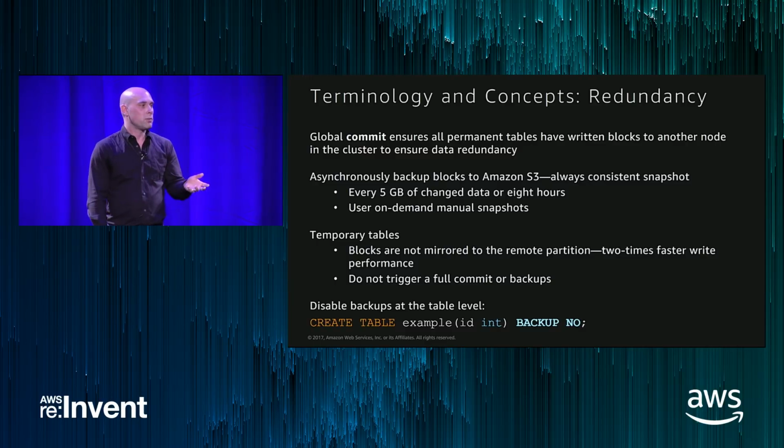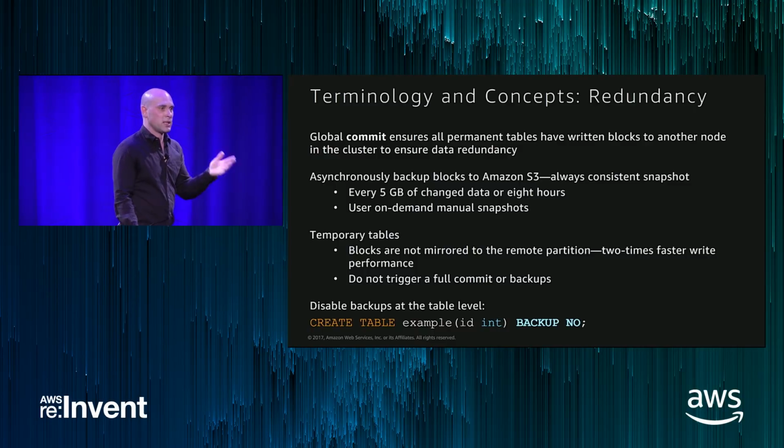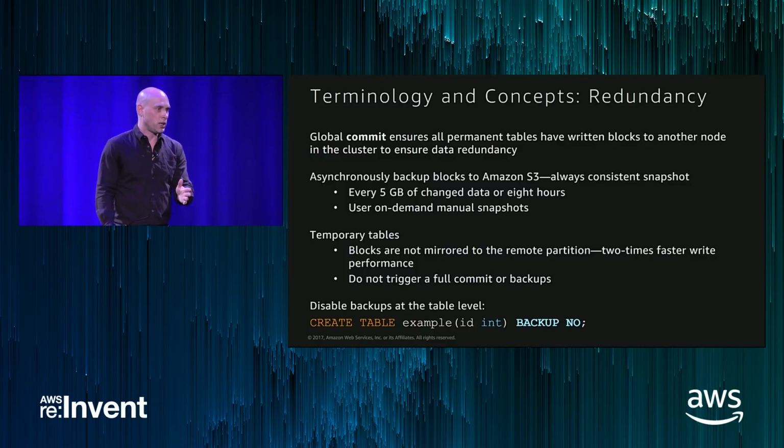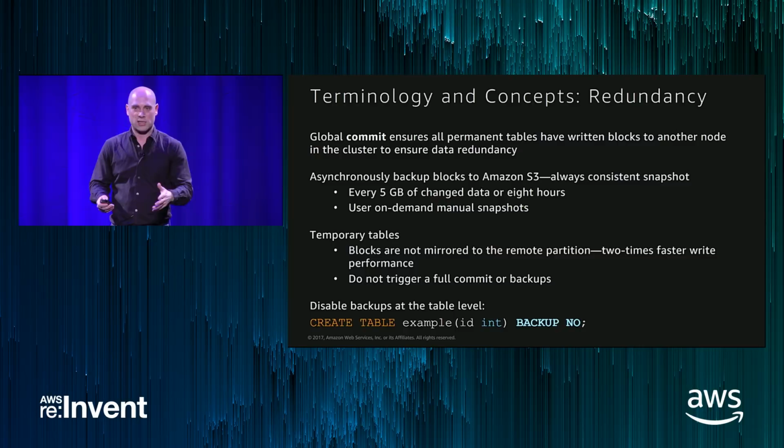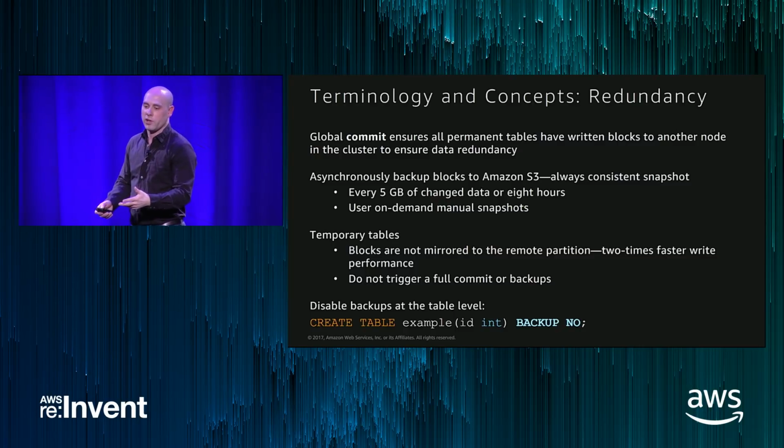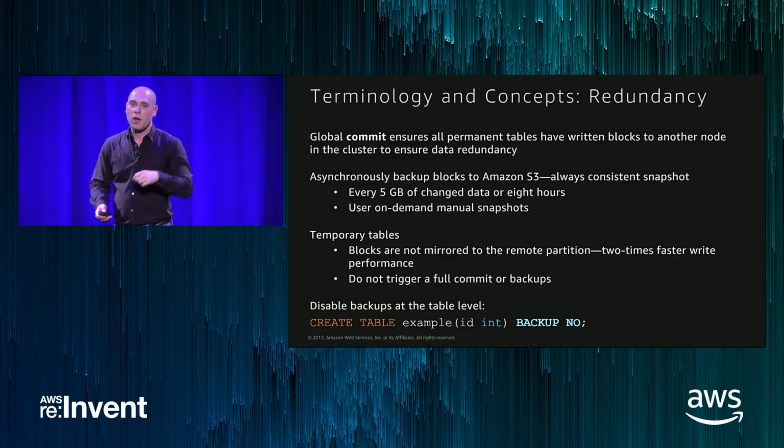Temporary tables are very important to use because they write twice as fast, since they skip that second copy. So if you are doing things that are scratch space in nature and you don't need to persist them, use a temporary table. They do write twice as fast.